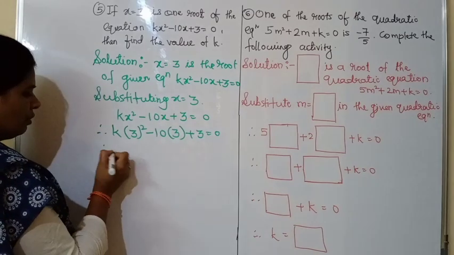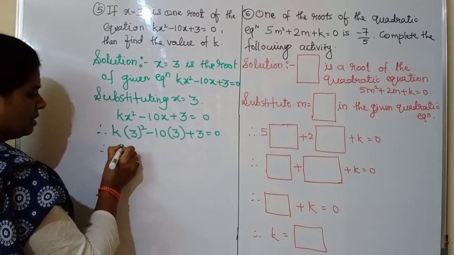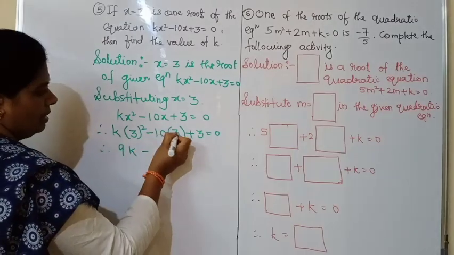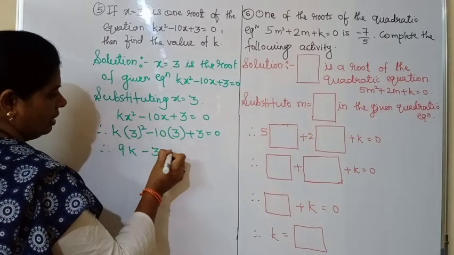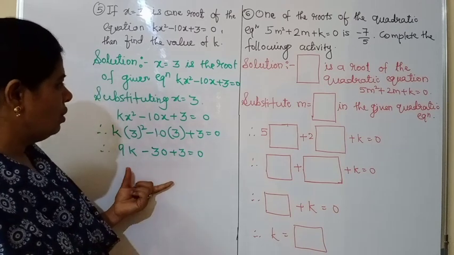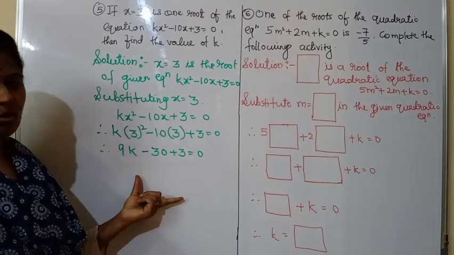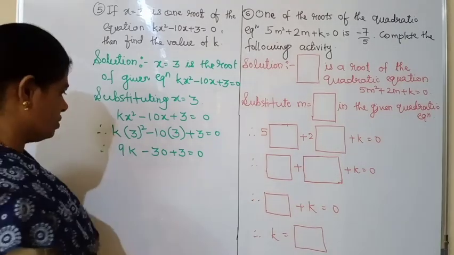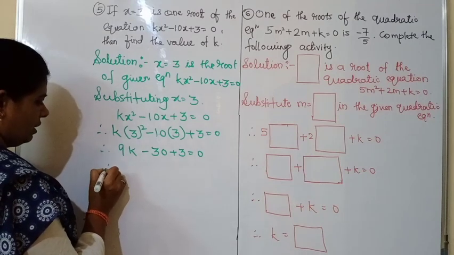Now 3 square is 9, so here it will be 9k minus 10 3s are 30 plus 3 equal to 0. So we have substituted the value of x in the given equation. Now what do we get here?